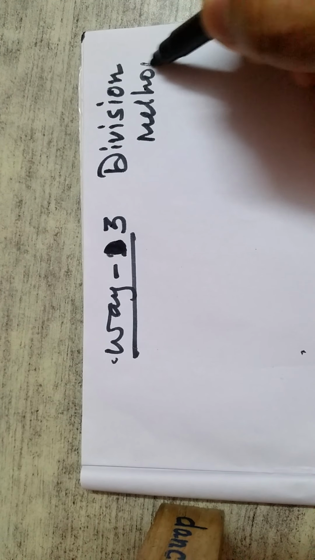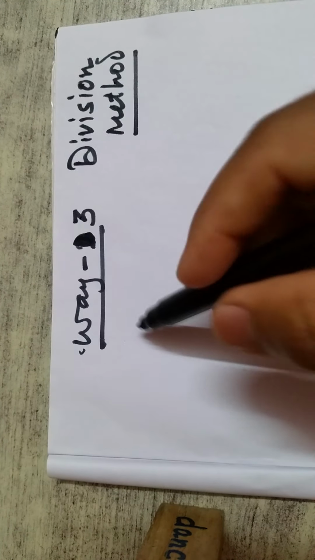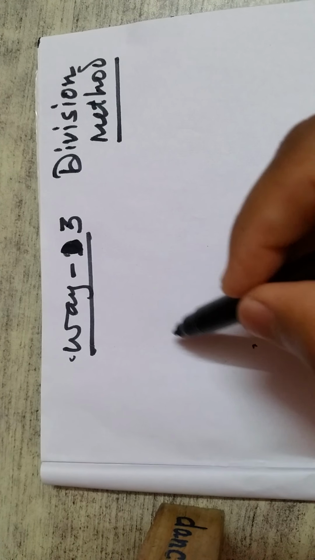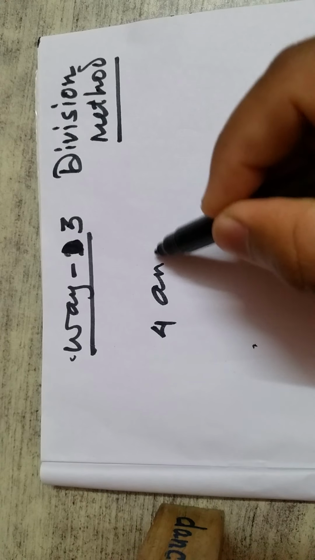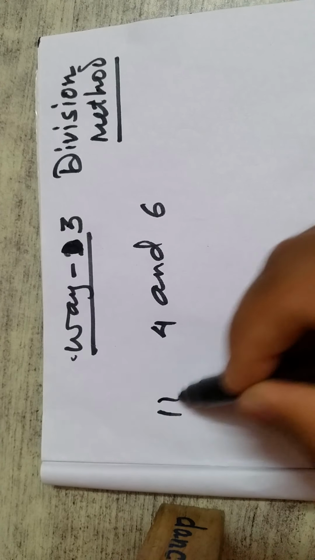In this method, let's take the same numbers as before, 4 and 6. So with the same numbers, let's go.